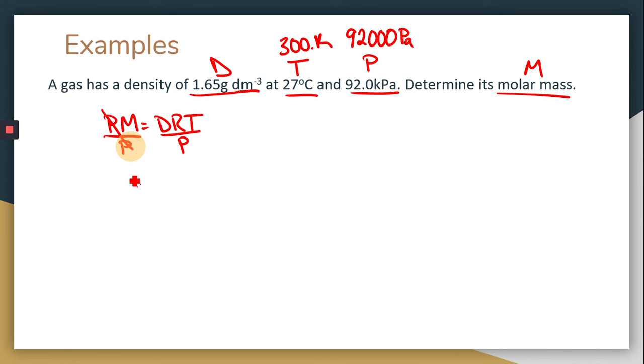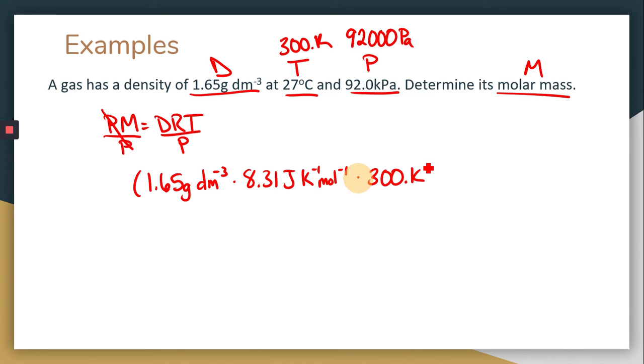And so we would set that up. The density, 1.65 grams per decimeters cubed, times R, which is 8.31 joules per Kelvin mole, times our temperature, 300 Kelvin.